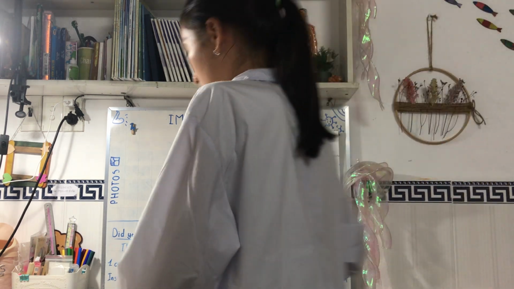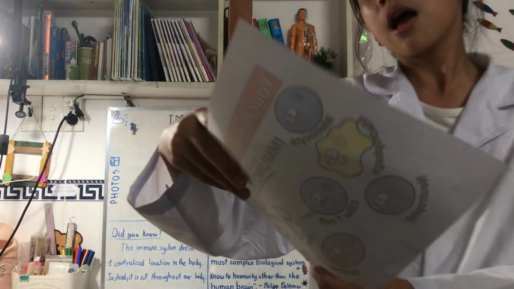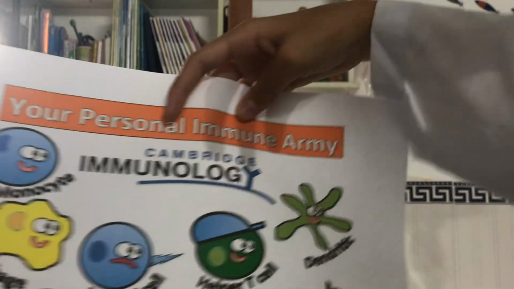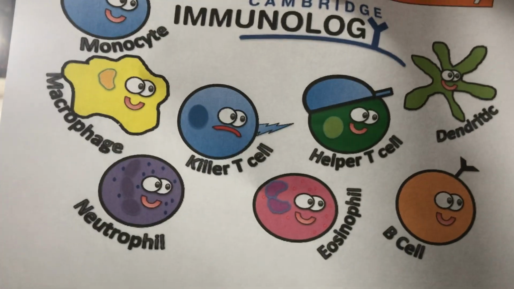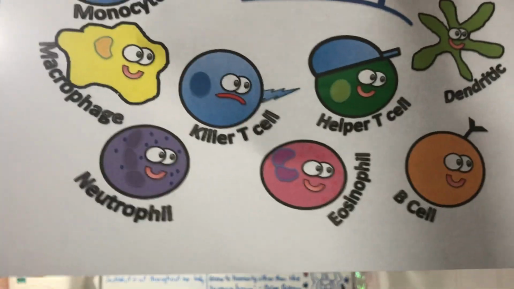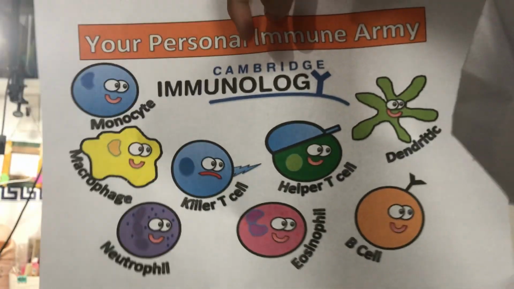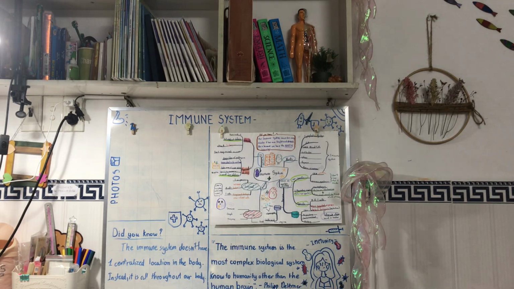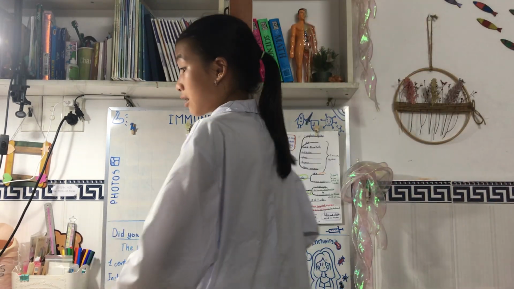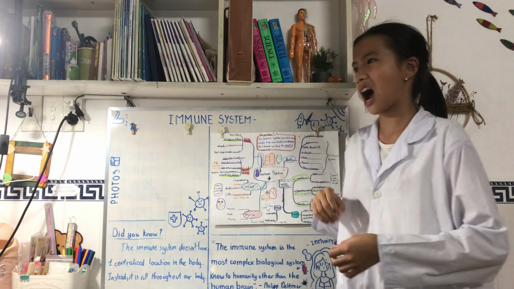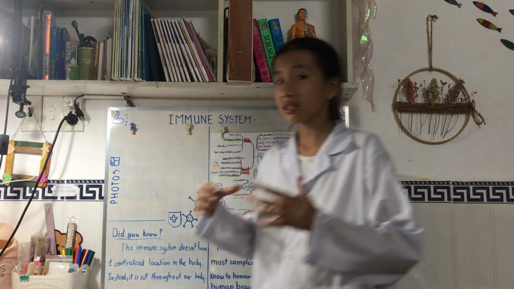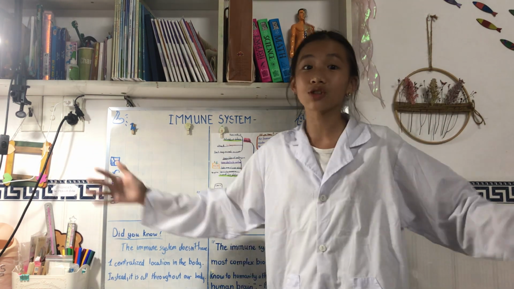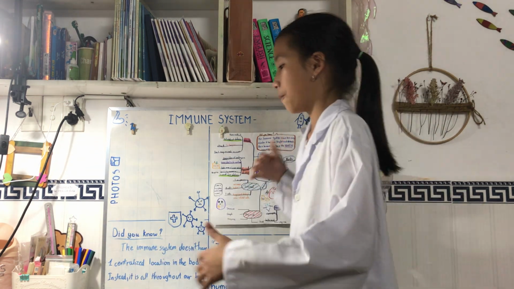And we also have your personal immune army. There are our B and T cells, the helper T cells, the killer T cells, the macrophages, like I said before, and many other things. Think of this as the cavalry, for example, our soldiers, our backup plan. And our first line of defense is our castle barriers, for example.